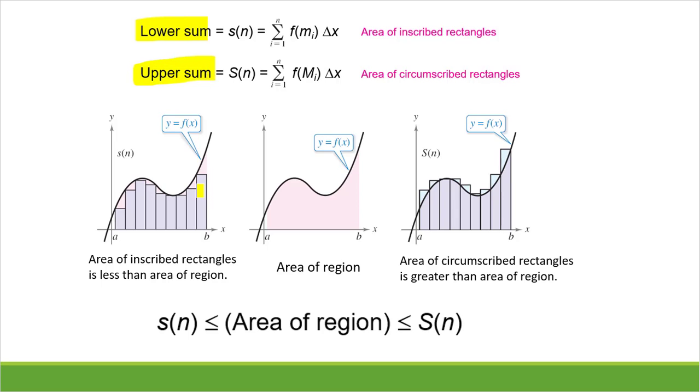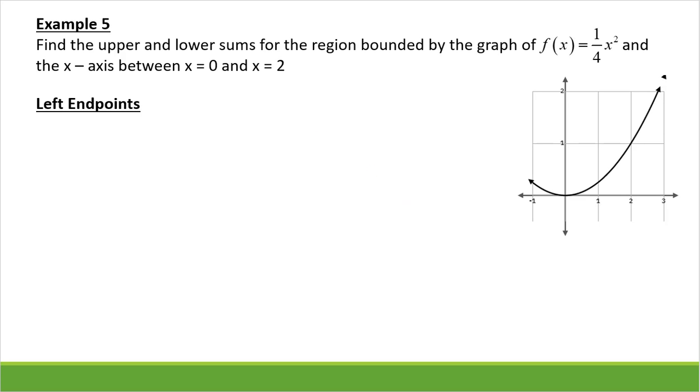So, find the upper and lower sums for the region bounded by that graph and the x-axis from 0 to 2. My delta x is 2 minus 0 over n, or 2 over n. For the left endpoint, they call the x value there m sub i.